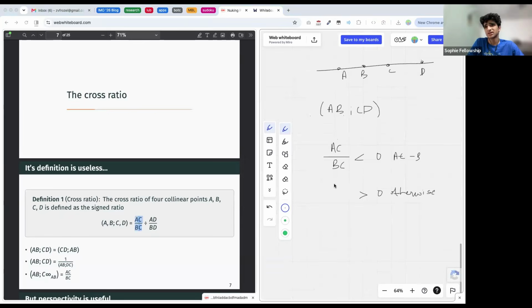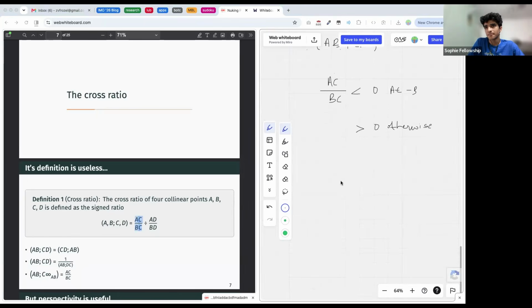Can you please repeat the sign convention part? Okay, that's very simple. Let's say I have 2 points A and B. Now, if M is their midpoint, what would I define AM by BM as? I would want to define AM by BM as 1, right?